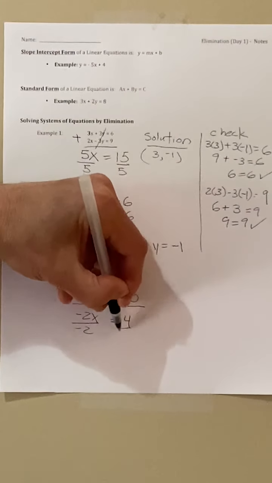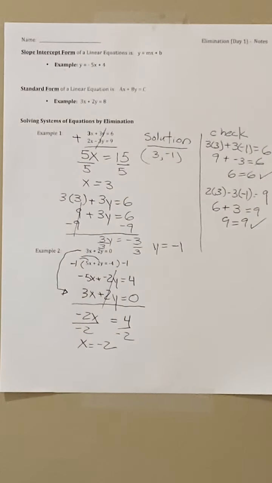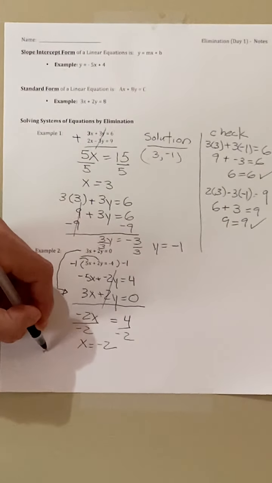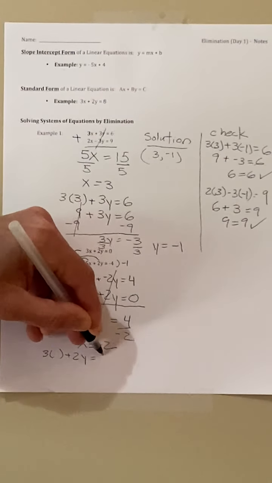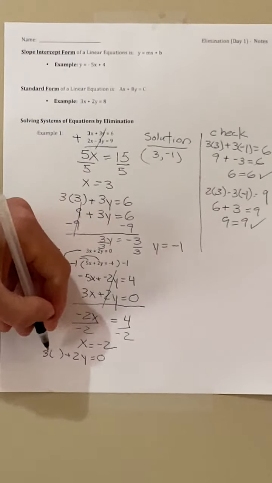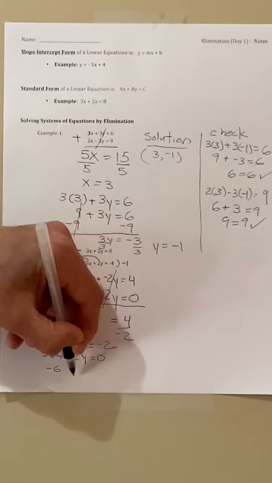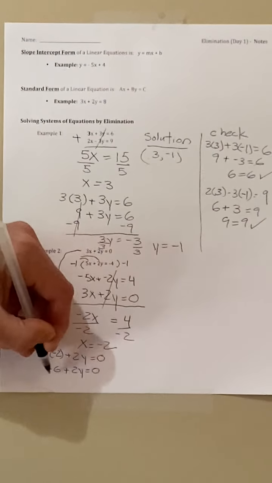Divide both sides by negative 2. And I have x is equal to negative 2. All right, now we need to solve for y. Let's take my first equation here, 3x plus 2y equals 0. I left a blank space for x because I know that x is equal to negative 2. So I get negative 6 plus 2y equals 0.